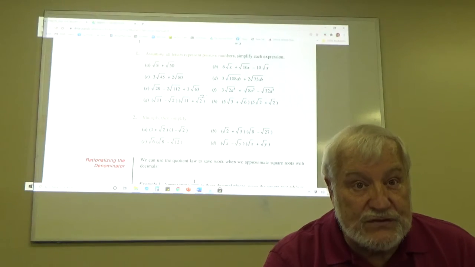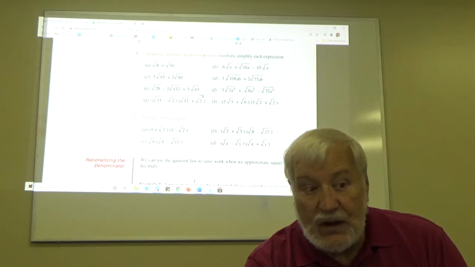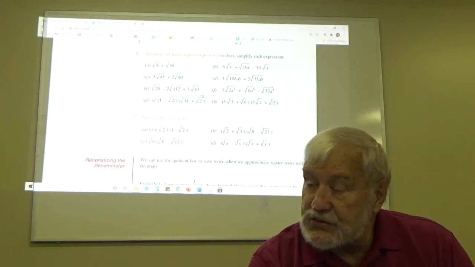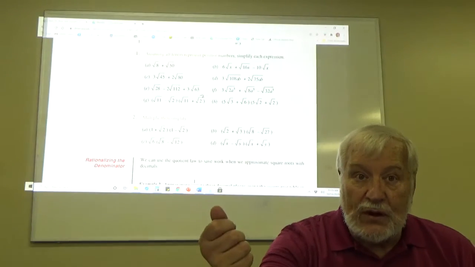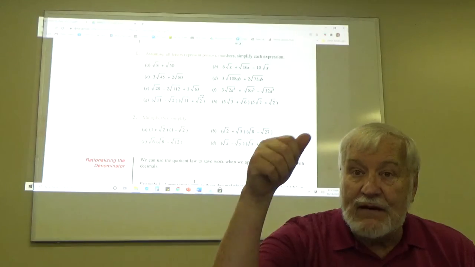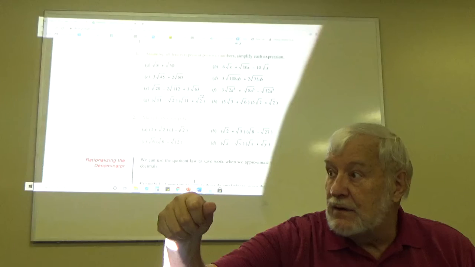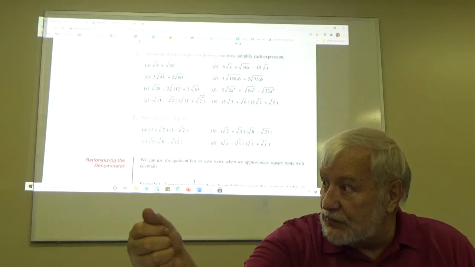So square root of 4 is 2, and I'll have a square root of 2 as well. And 50 is 25 times 2. What's the square root of 25? 5. So I have 2 square root of 2 plus 5 square root of 2. It's the same as 2x plus 5x.